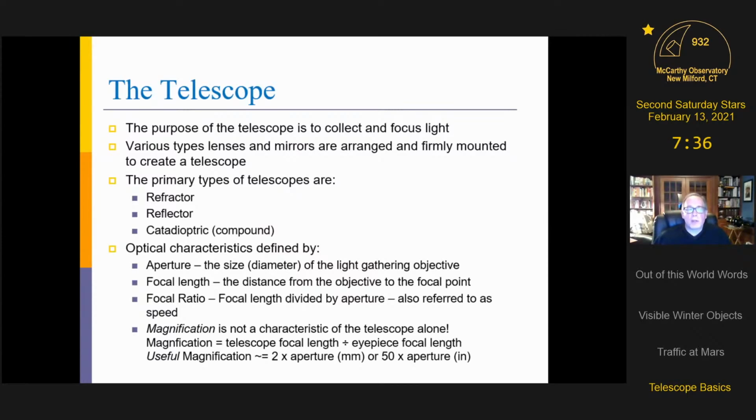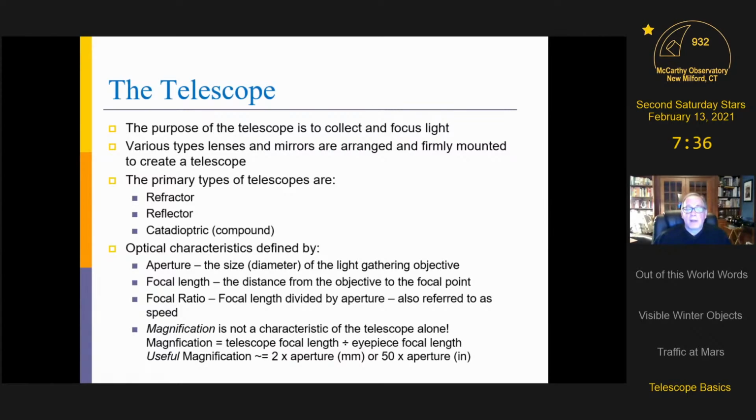Third is the focal ratio, and that's simply the focal length divided by the aperture, but it's also referred to as the speed, because the shorter a telescope's focal length, the faster the light will get from the objective to the focus point.